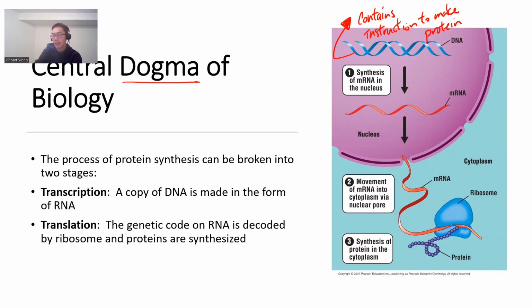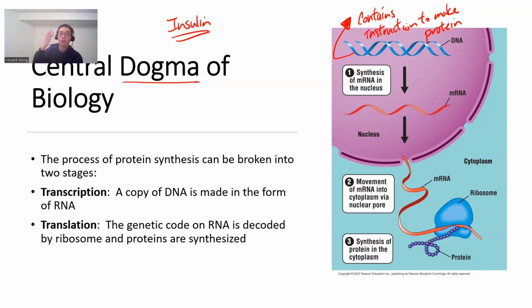Vincent, I have a question. When you say to make protein, is it like the food we consume, like after it's been broken down to amino acids, or what protein is DNA making? Okay, so an example of a protein that we learned last time is insulin, right? Do you remember insulin? Yes. So we make insulin, we need it to help control our blood sugar.